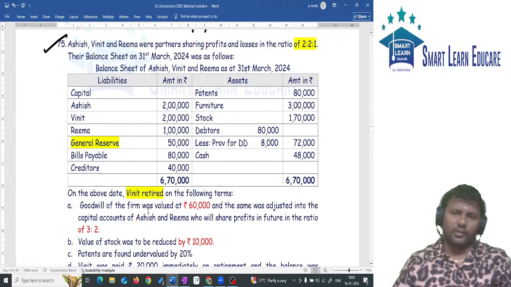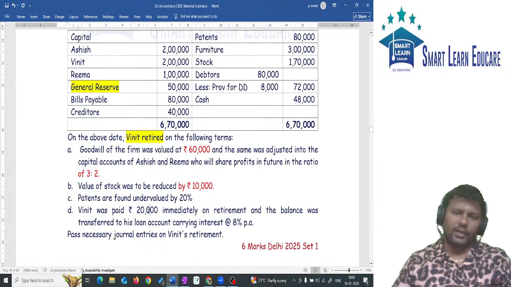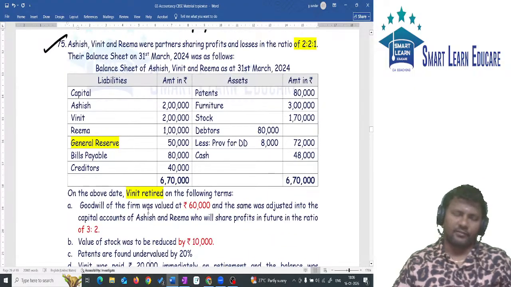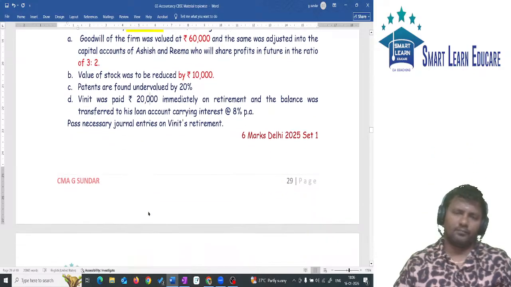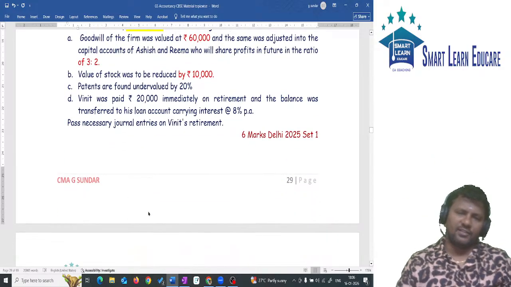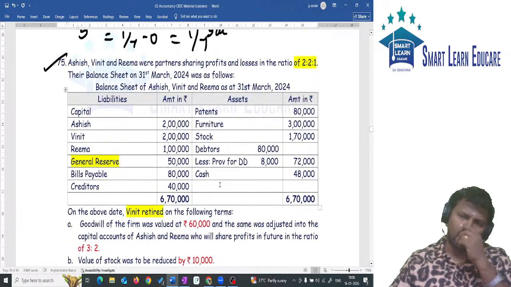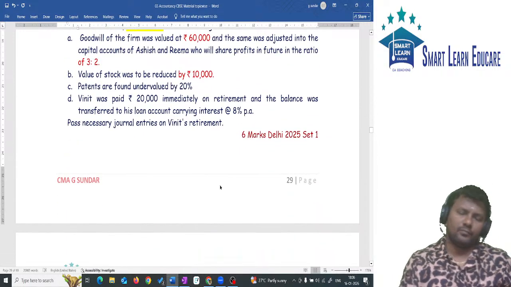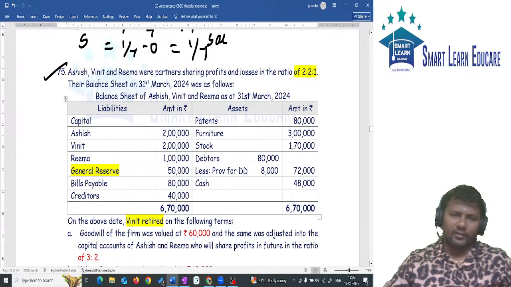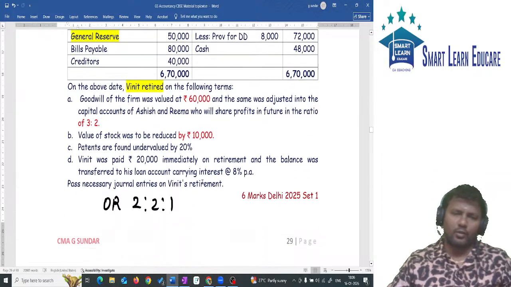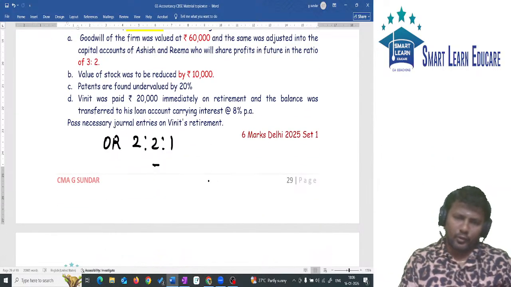First step ratio. We need to calculate sacrifice of partner. So what is the sacrifice of partner? Old ratio 2:2:1. Who retired? We retired. So second partner retired. New ratio 3:2.